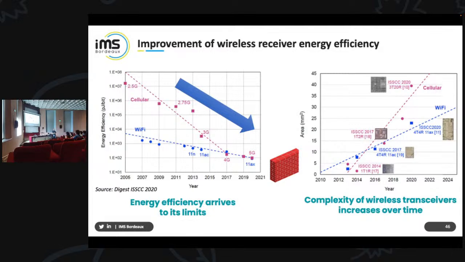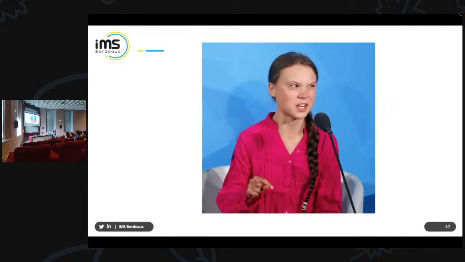And same here on the right, we can see the complexity of the transceiver. I was saying that in your smartphone, it's a very complex circuit. It's exponential as well. And so I said that I was talking about Greta Thunberg. Greta Thunberg, she's not happy, like most of the time. She's not smiling there. Why? Because the circuits are not efficient at all. 10 to 20% of the CO2 on Earth comes from electronics and from data that are exchanged for nothing.